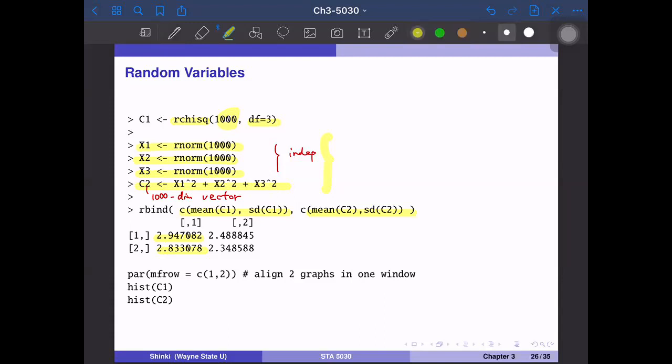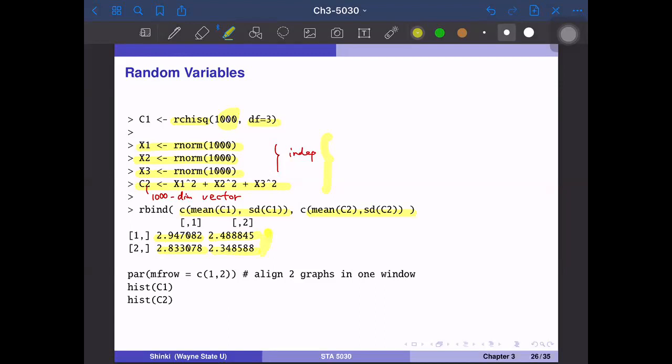And also the standard deviation: 2.48 and 2.34. The square of this should be equal to 6. If we take the square of 2.48, it is almost 6, and 2.34 gives maybe 5 point something. These are similar.